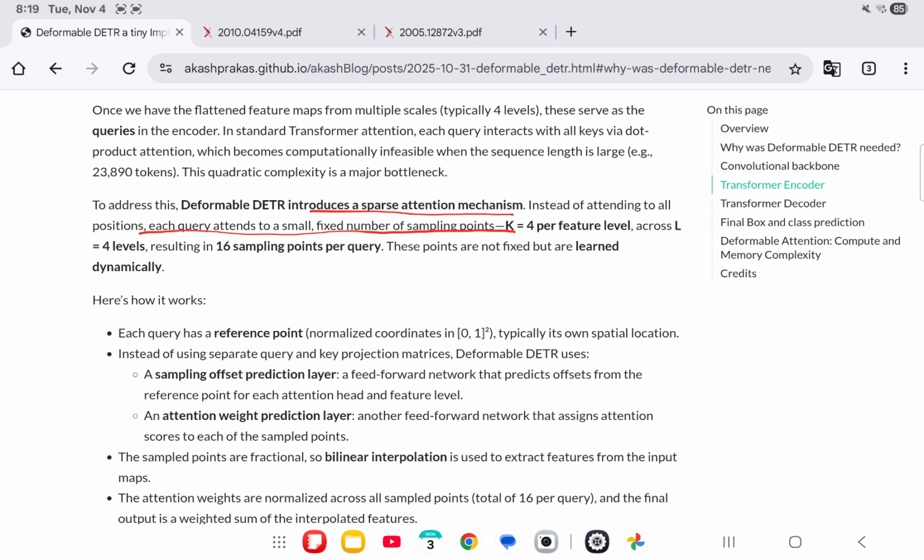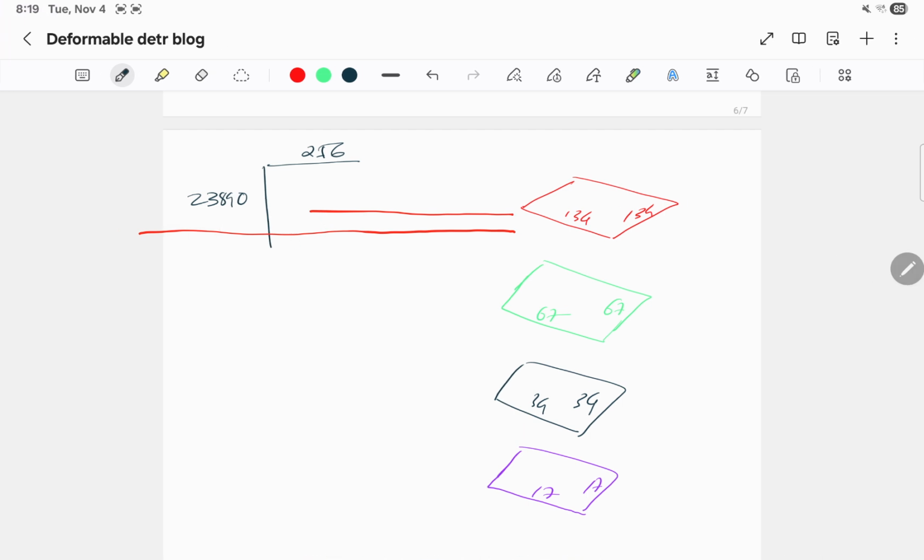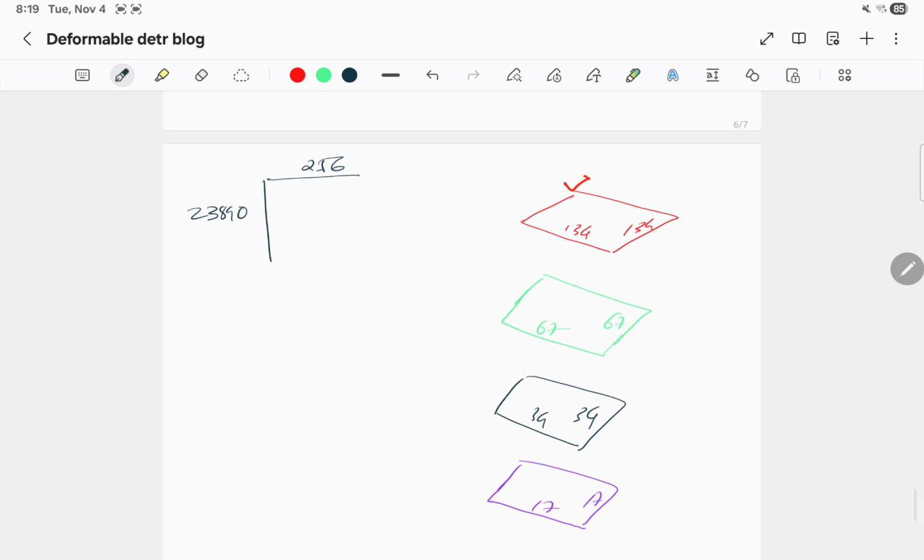Essentially each query is from a linear layer. So we want each query to attend to one point here, some point here, some point here, and some point here. So this is what we want our query to do.